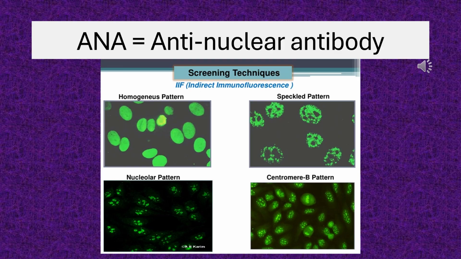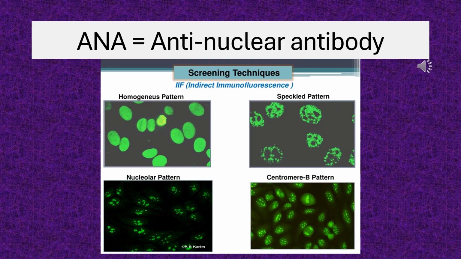So if the test is positive at 1 to 40, now the technologist will get a new slide, will dilute that sample in half. So now it's a 1 to 80 dilution, and repeat the process. If it lights up green again, if it's still positive, then they do another dilution. Now it's a 1 to 160 dilution, and they continue to dilute the sample until it's no longer positive.